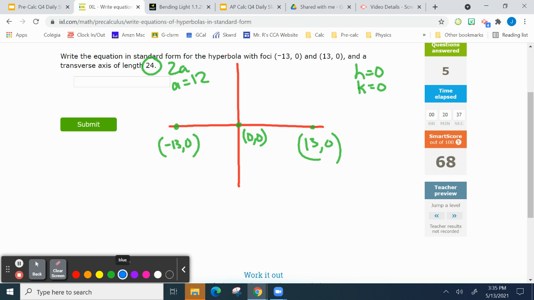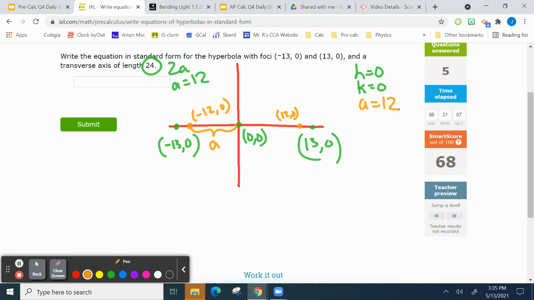So let me get a different color pen here. We're going to go from the center to the vertex, 12 in either direction. So that's going to be one of our vertices, and that's going to be another vertex, and those are going to be at 12, 0 and negative 12, 0. So what is that distance right there? That's A. A equals 12.